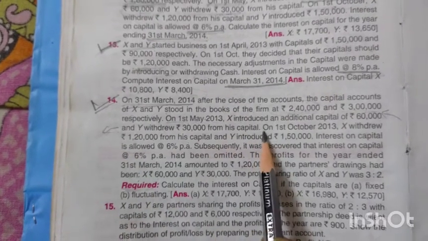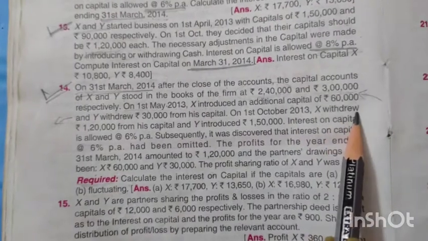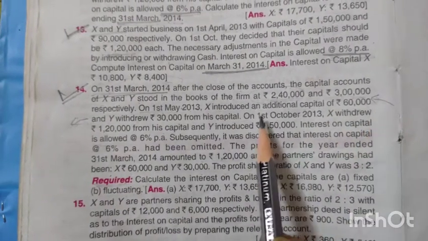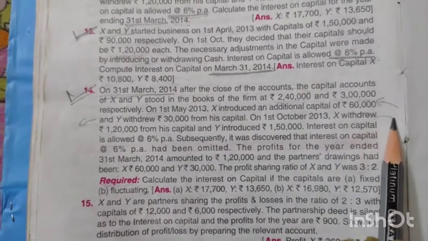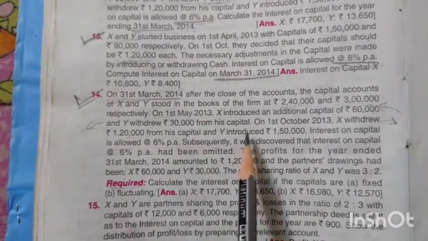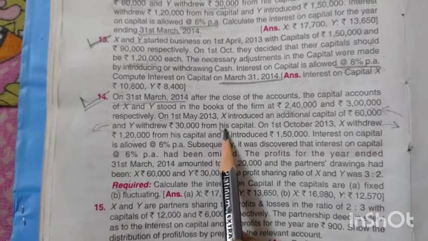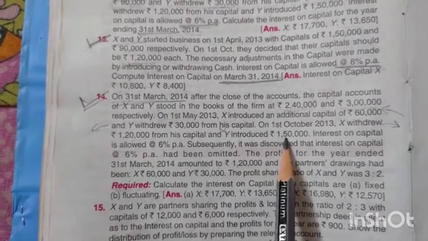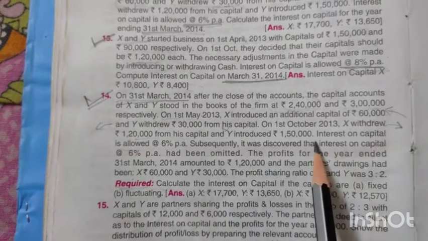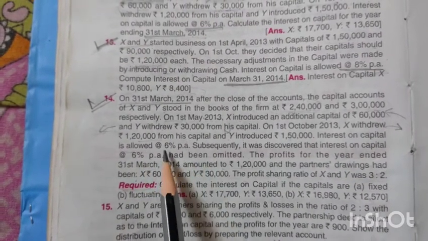Now, next, on 1st October 2013, X withdrew 1,20,000 from his capital, and Y introduced, means Y has brought in money into his capital, 1,50,000. Now, interest on capital allowed is at the rate 6% per annum.